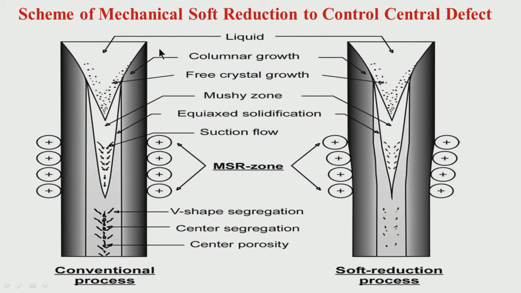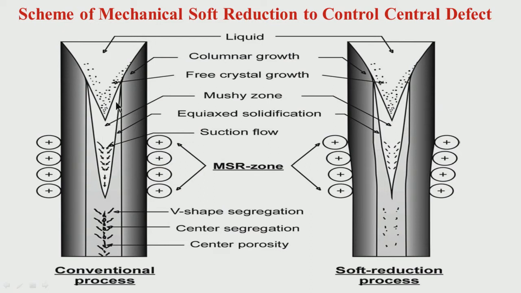Here this thickness is maintained by these rolls, and the distance between the rolls will give you the final dimension. Now, if you can create some amount of squeezing, that means if you can generate some amount of mechanical pressure in the final area where solidification is taking place, this is very important where you give the pressure.